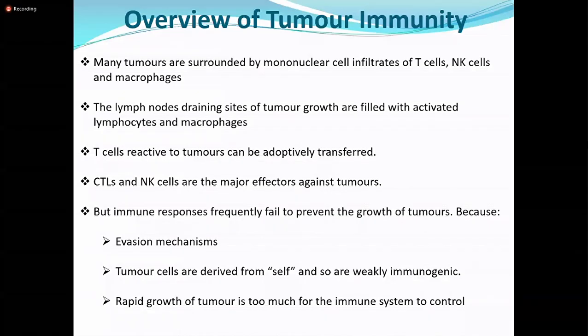And before we really understood particularly solid tumors, how they developed, why they developed, pathologists would look at biopsies of tumor masses and find that tumors were surrounded by huge infiltrates of monocytes, T cells, natural killer cells.